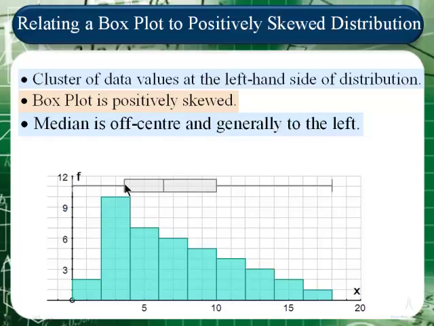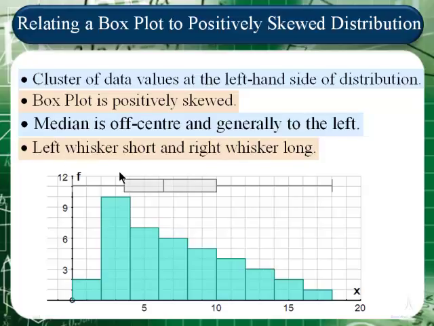There it's more clustered. We find that the left whisker is shorter while the right whisker is longer, so the data is more spread on the right than on the left. So it's more dragged out to the right than to the left.